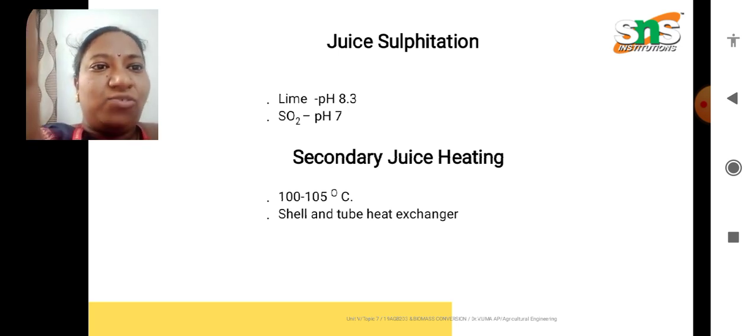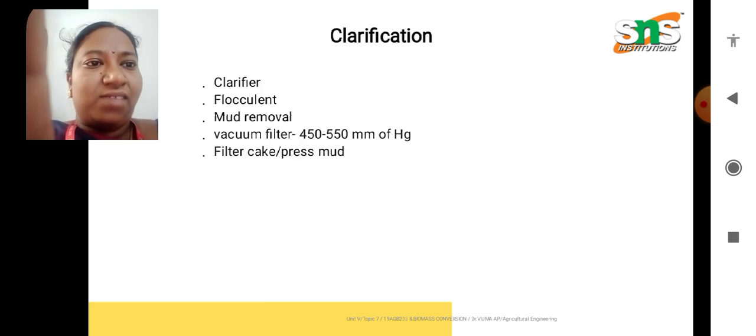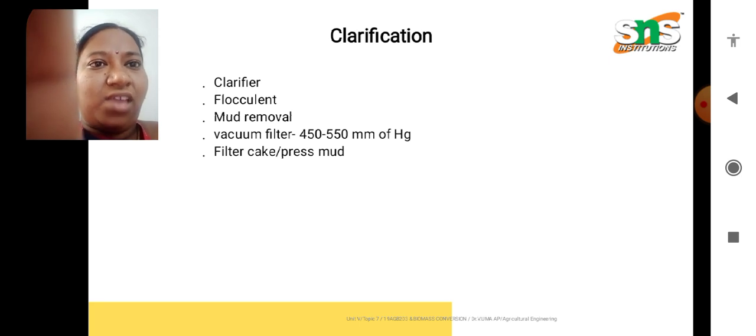The secondary juice heating also takes place in a shell and tube heat exchanger. Then it is sent to a clarification tank, where the mud and other inert materials are removed. After extracting the juice completely, the press mud is produced.